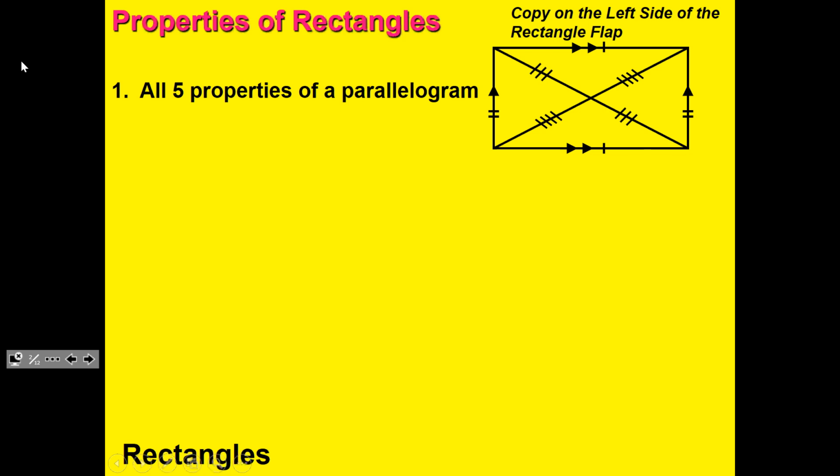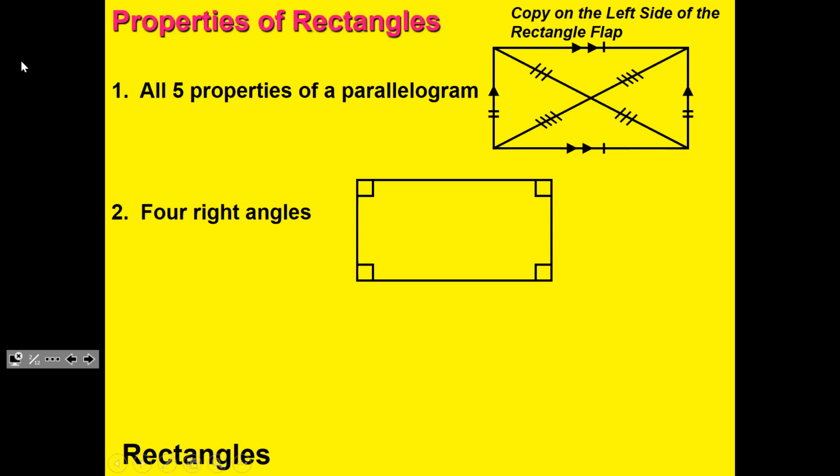Okay. In addition to having the 5 properties of a parallelogram, rectangles also have 4 right angles. So we don't really need to just mark that opposite angles are congruent. You want to add in 4 marked right angles.